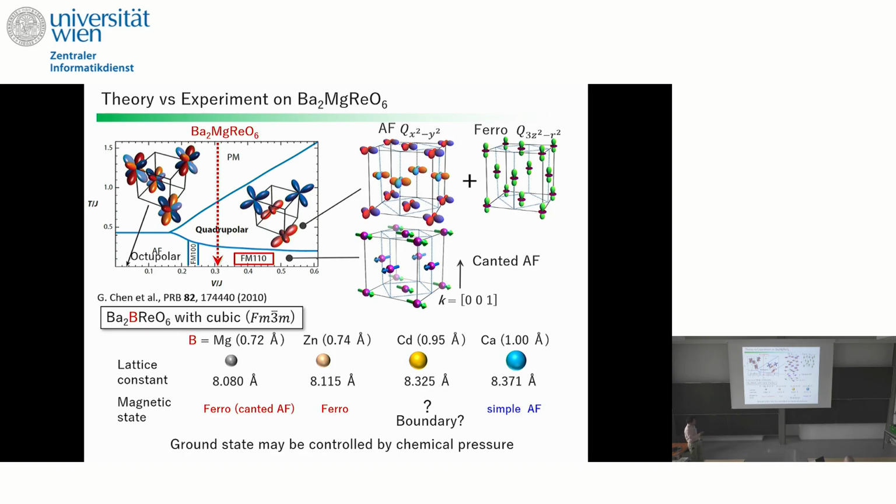And some of their physical properties have already been known. The magnesium one and the zinc one show ferromagnetic behavior at low temperature, but the calcium one only shows usual antiferromagnetic behavior. So first, I'm interested in what's going to happen in between them.